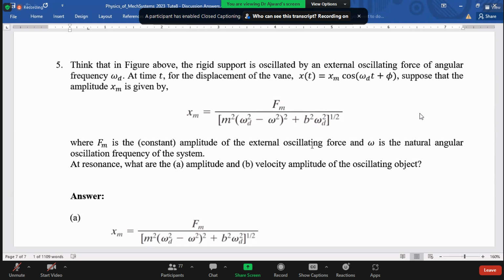Also, there are electrical oscillators like that, which we'll maybe do in the next semester. They are made of capacitors, inductors, and resistors. The resistor is the one that actually causes the damping in an electrical oscillator.